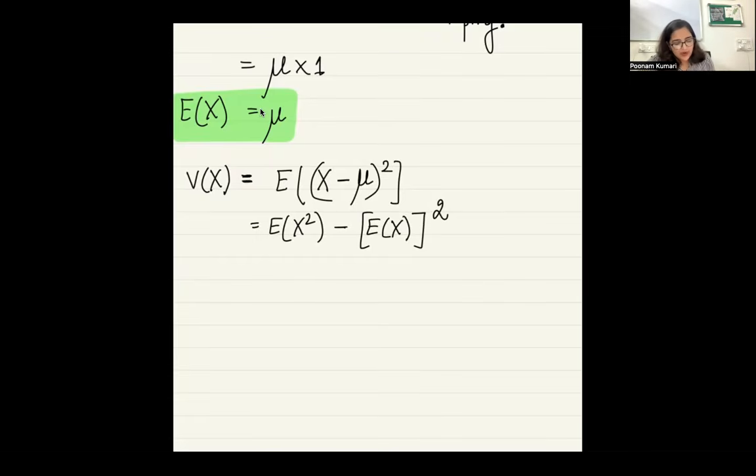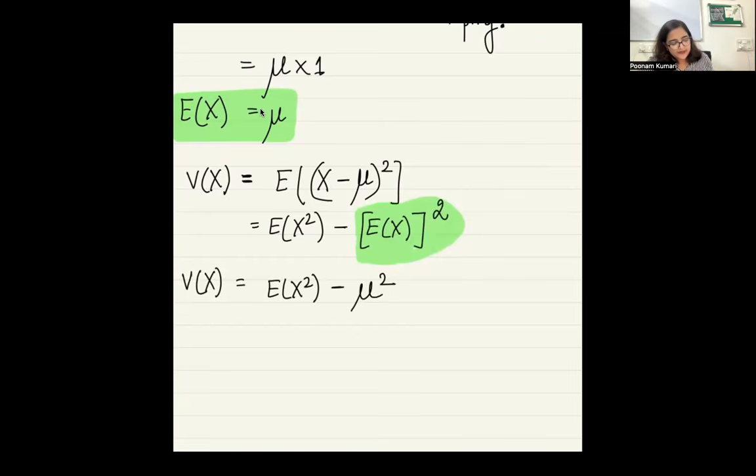So basically I already have this value. And what is this value? Variance of x is equal to expected value of x square minus mu squared. I kind of know that my variance value is mu because I already told you.